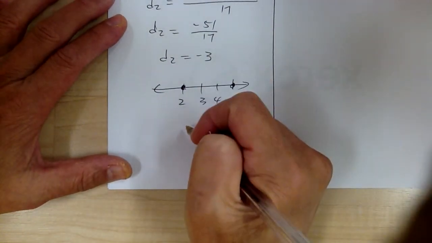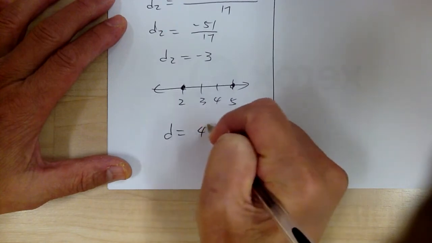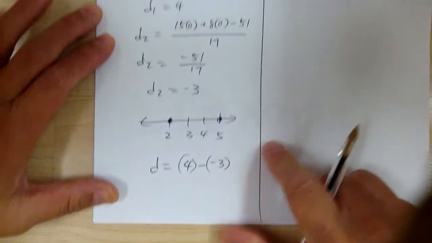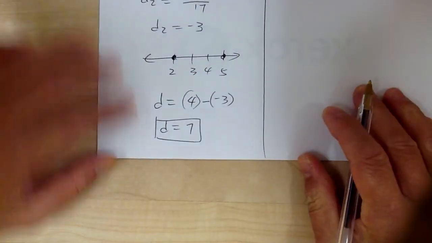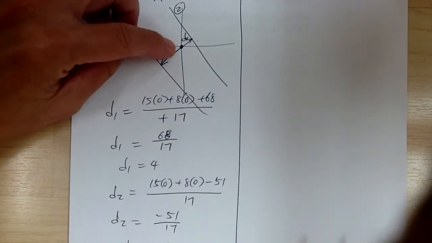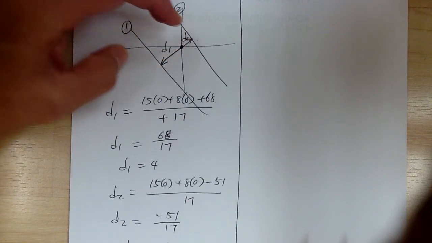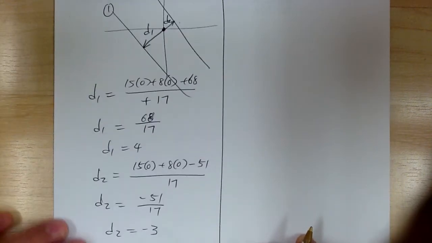So the distance equals 4 minus negative 3, which is 7. So this is one method: find the distance from the origin to each line, and subtract to find the distance between them.